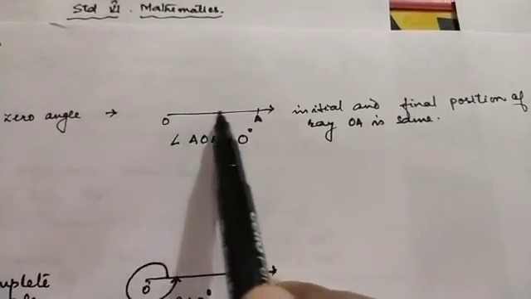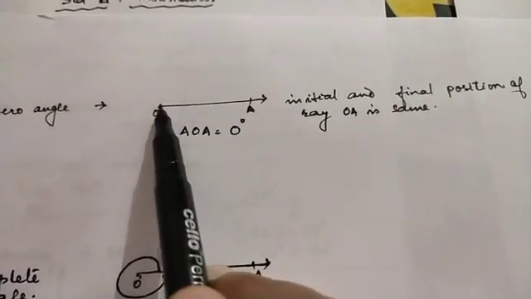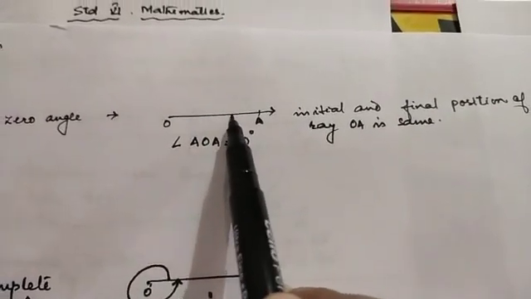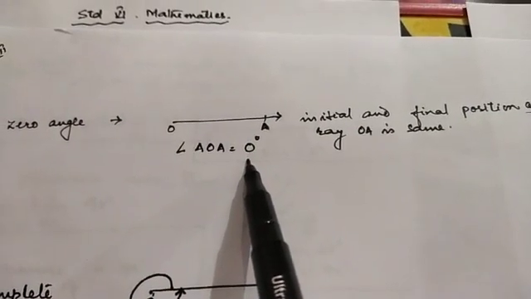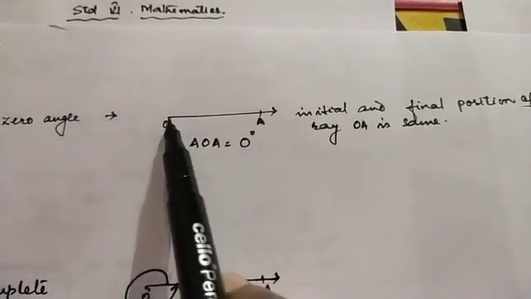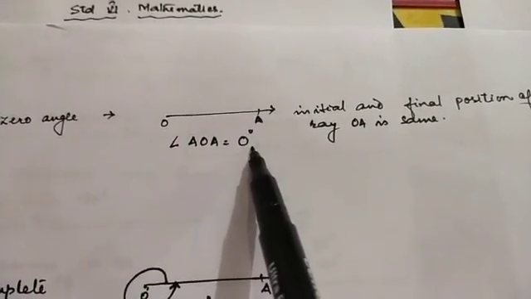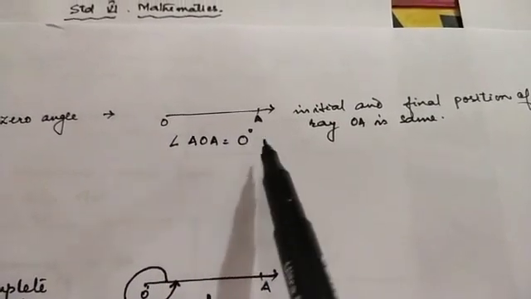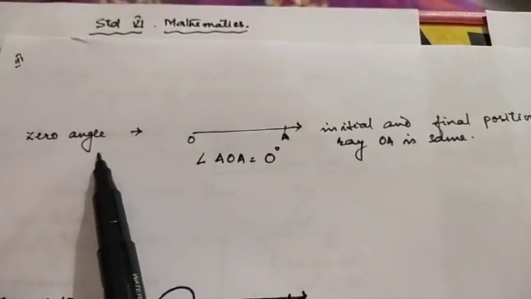The ray is sleeping, the lazy one. So where there is no displacement of the ray, the measurement of the angle is 0. Because this ray is so lazy, it is not moving. So when the measurement is 0, it is a zero angle.